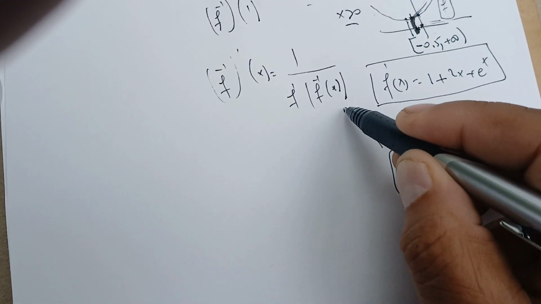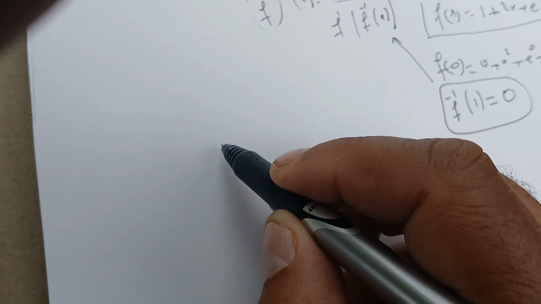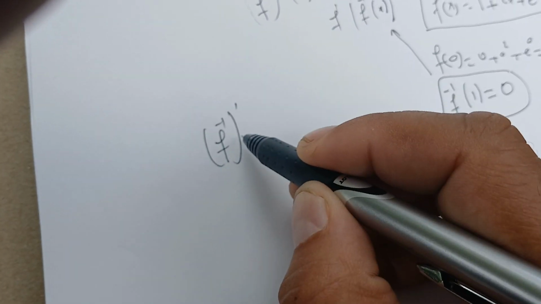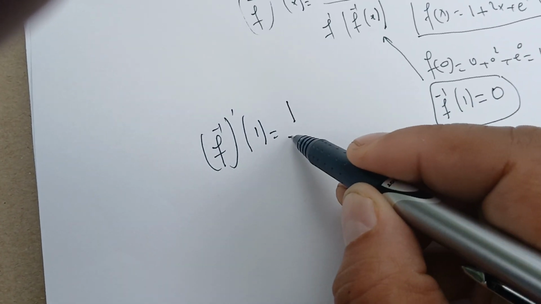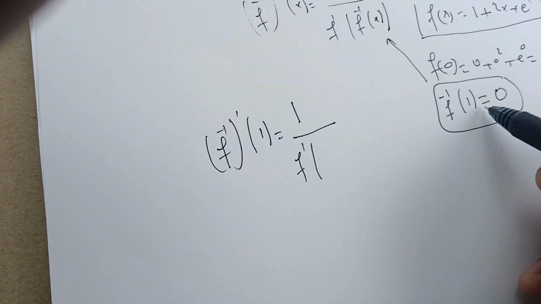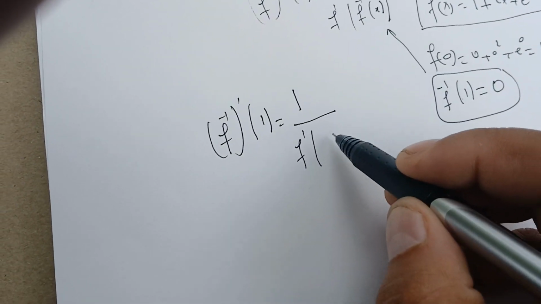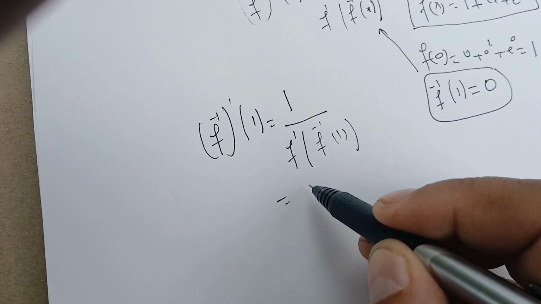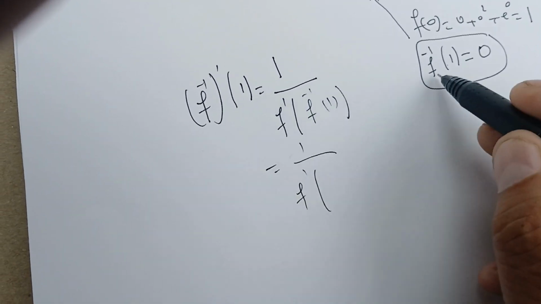This would help us here, because we want to compute the derivative of f inverse at 1, which is going to be 1 over f prime of f inverse of 1. Let's plug it in. It's going to be 1 over f prime of f inverse of 1, which is 0.